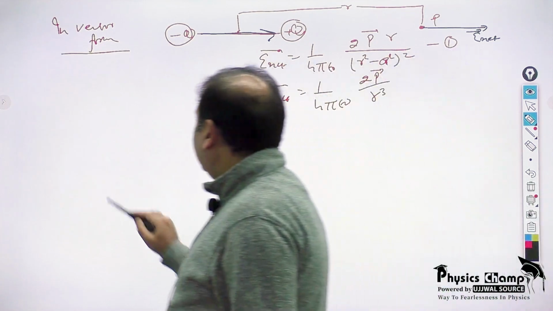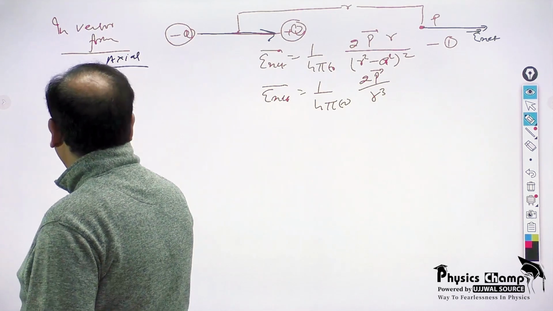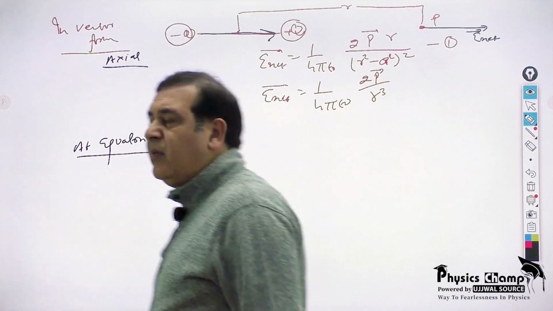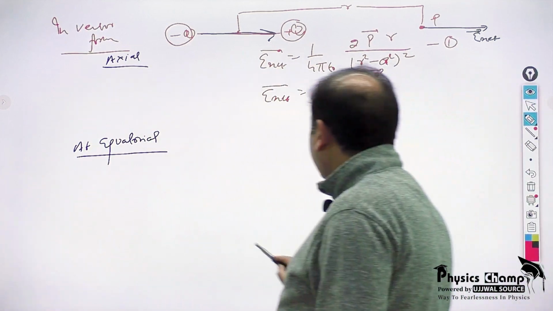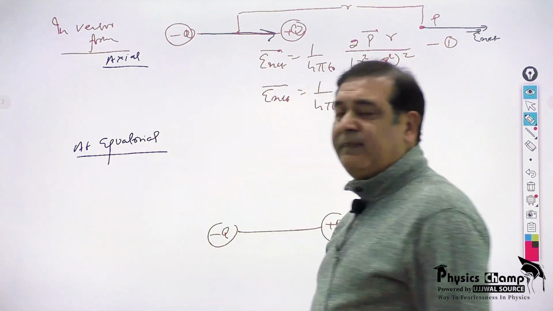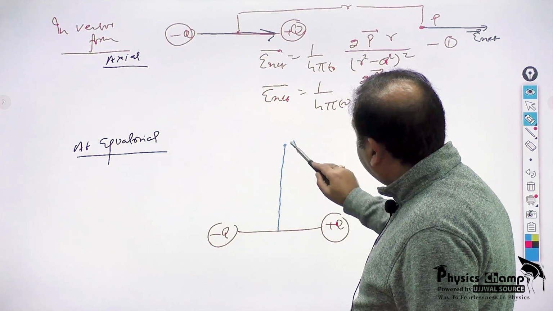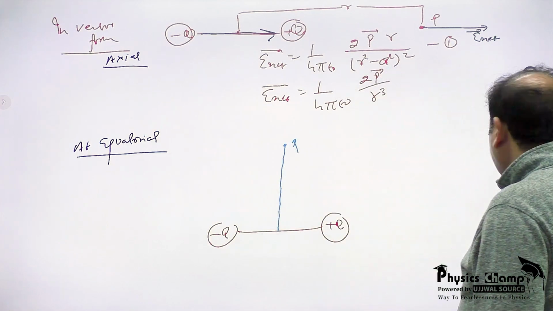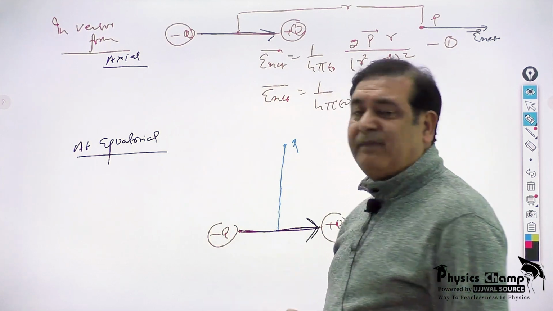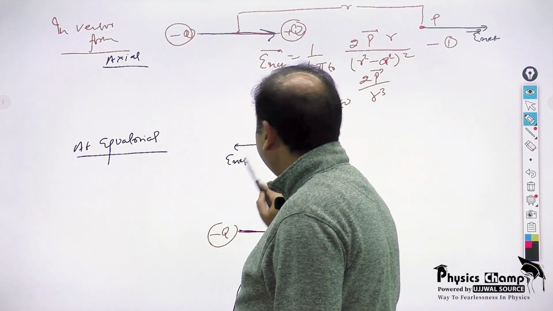But let's take the equatorial position. This is the axial position. At the equatorial position, the result that we have obtained is, you have a negative charge here, minus q, a positive charge here, plus q, and you are finding the electric field at a point P here. The dipole moment is in this direction, from the negative to the positive charge. But the net electric field which you are getting is here.